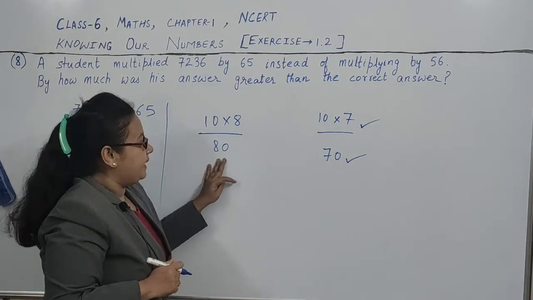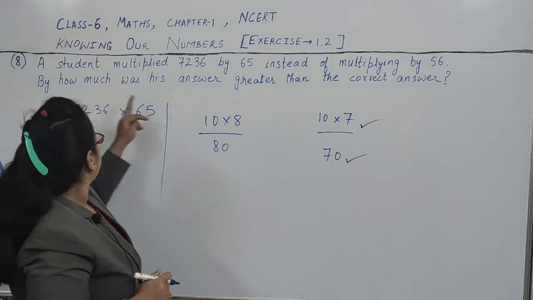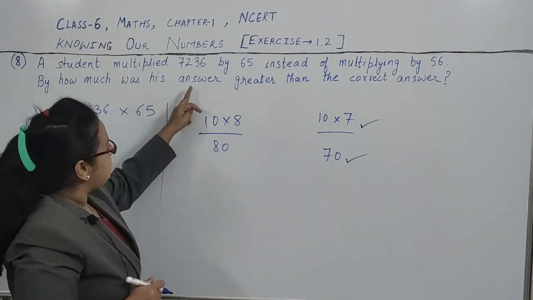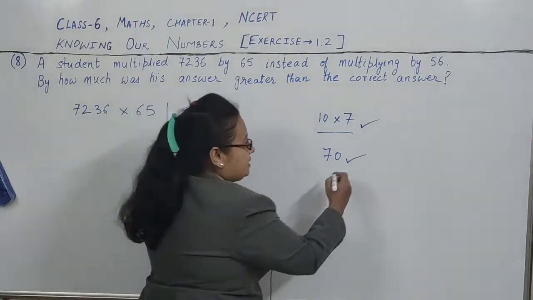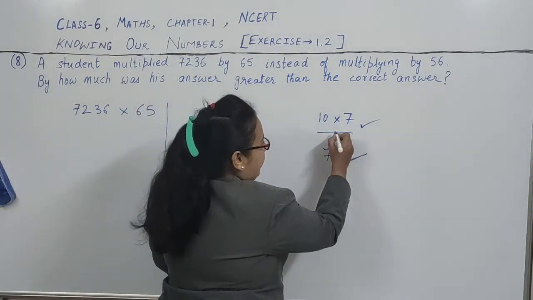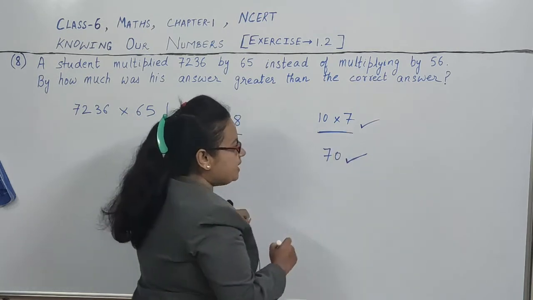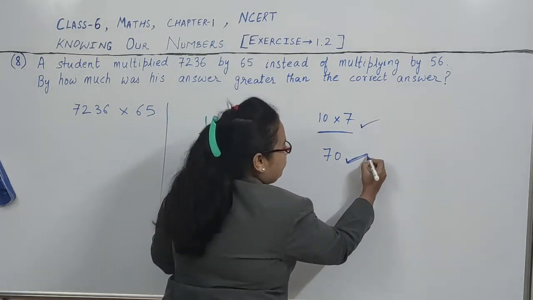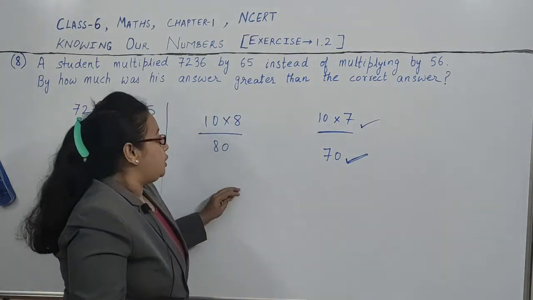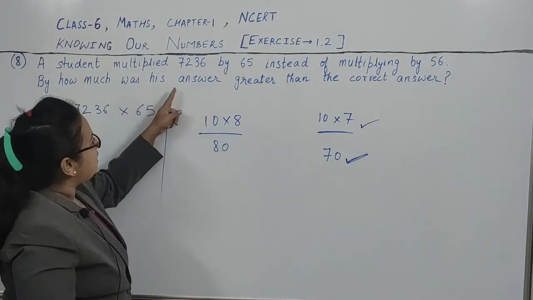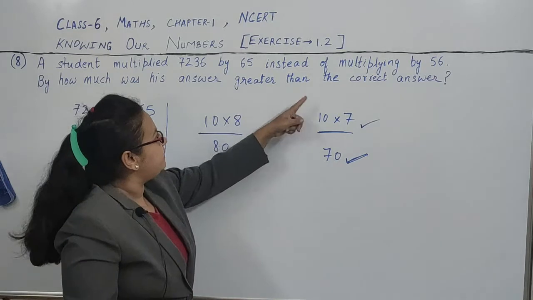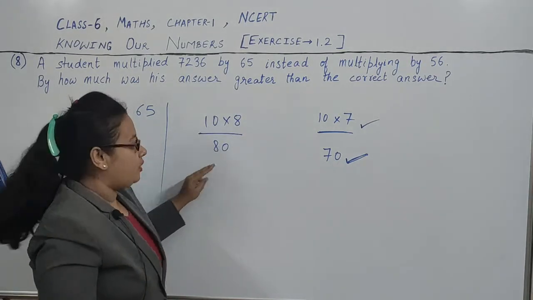By how much was your answer greater than the correct answer? The correct answer should be this one because I told you to multiply 10 by 7. So what we will do?